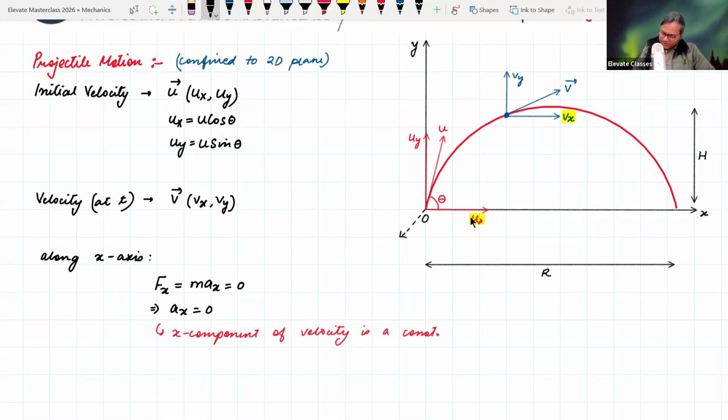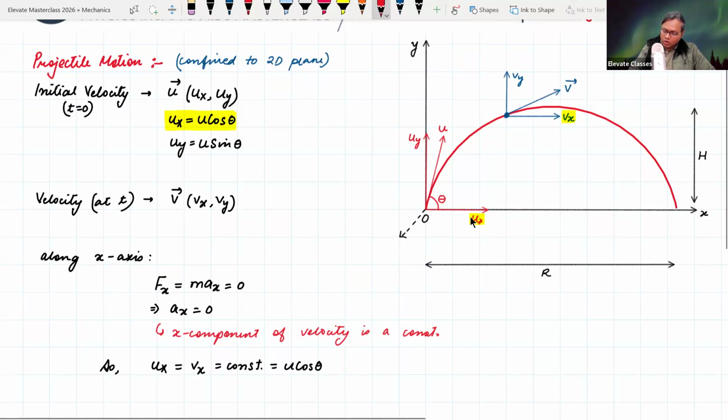So ux, which is the initial x component of speed, is equal to vx, which is the later x component of velocity at a later point in time, basically a constant, which we will call u cos theta. So ux is equal to u cos theta, this is a constant in time.